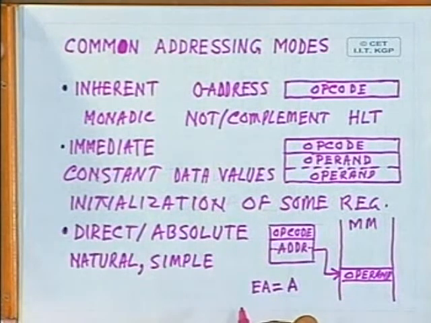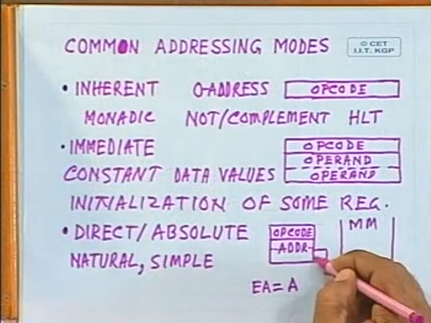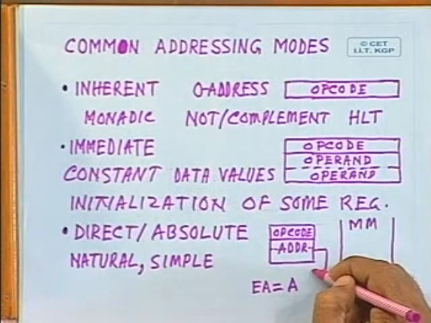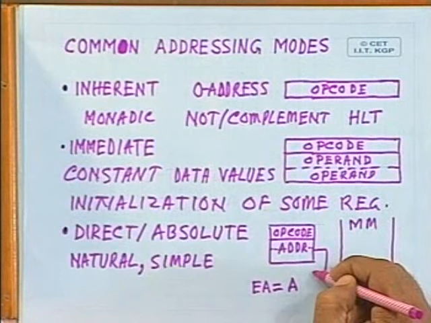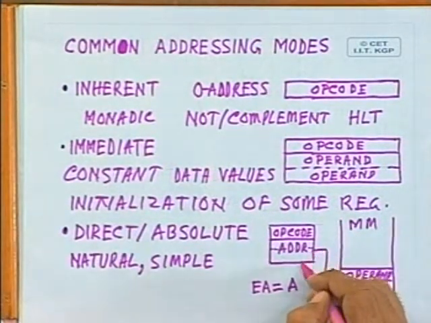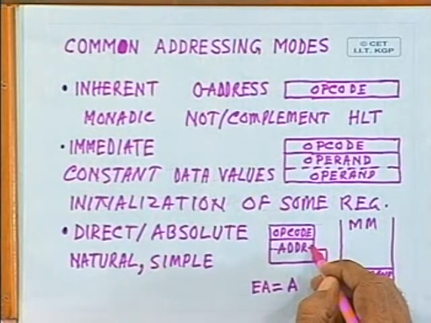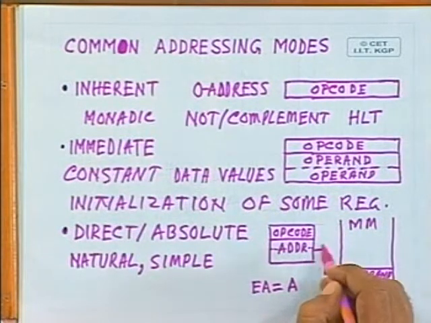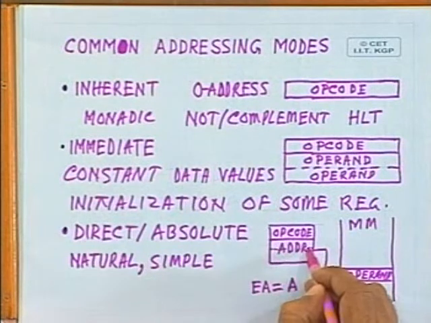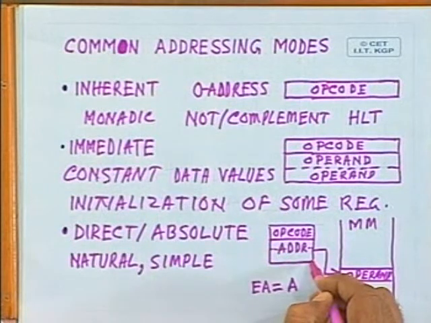So, this addressing mode is although simple, but depending on the size of the address, the full address has to be provided as part of the instruction. For example, in case of your 8085 microprocessor, the address is 16-bit. So, if you are fetching some operand, first of all you have to fetch the address, which will involve two memory cycles, one read cycle to get the lower order byte of the address, another read cycle to get the higher order byte of the address.